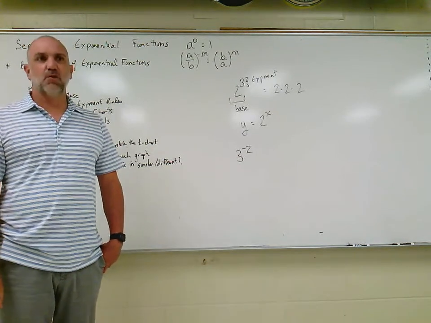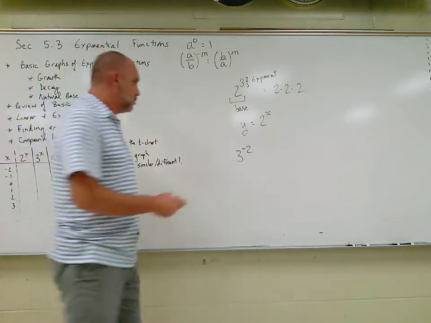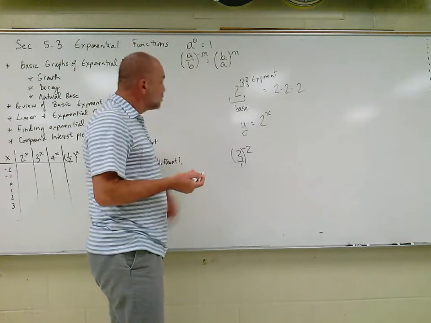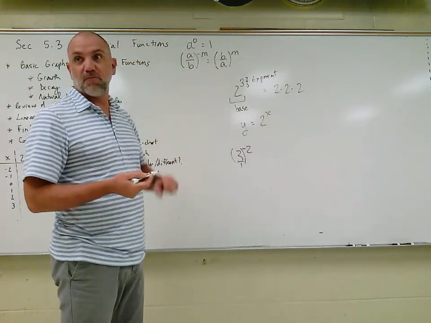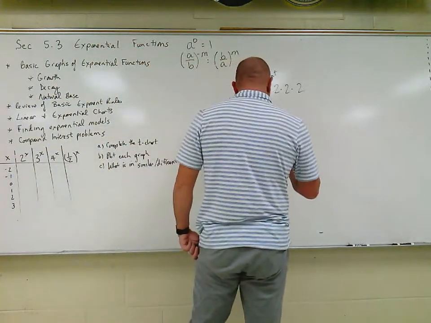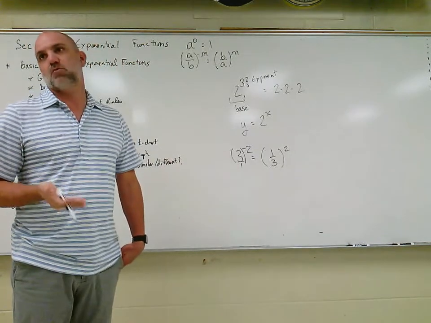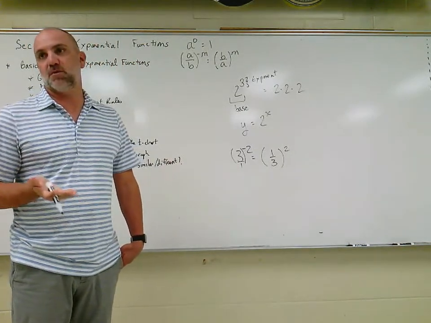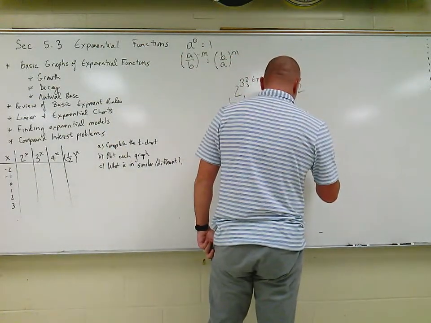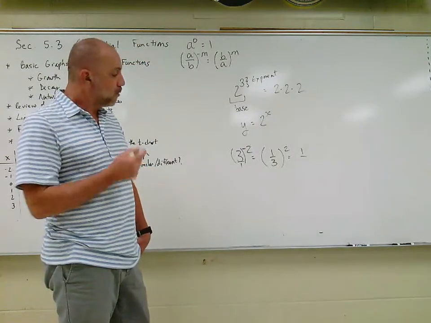How do I multiply something by itself negative 2 times? So this is technically 3 over 1 to the negative 2. If you go by the rule, 3 over 1 flipped becomes what? 1/3. So you can make this 1/3 squared. That's how it works. Then you multiply 1/3 by itself and you would get what? What's 1/3 times 1/3? 1/9.